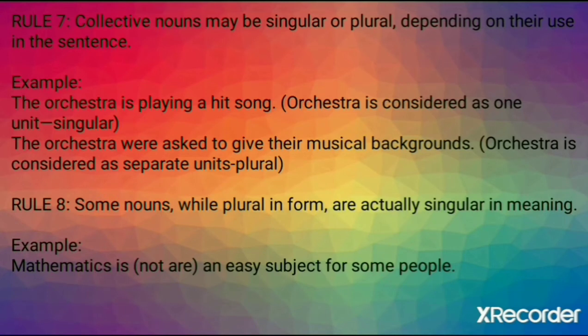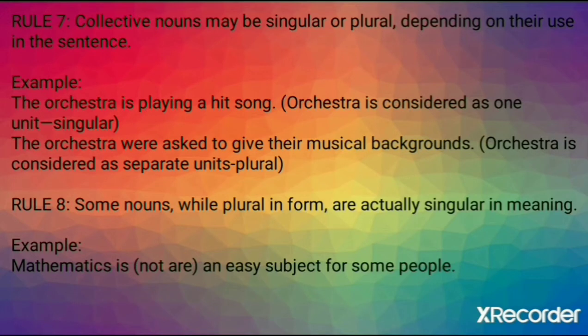Rule number 8. Some nouns, while plural in form, are actually singular in meaning. For example, the name of a subject like mathematics, economics, physics, statistics, etc., or the name of a disease like measles, rabies, etc. Here is an example.